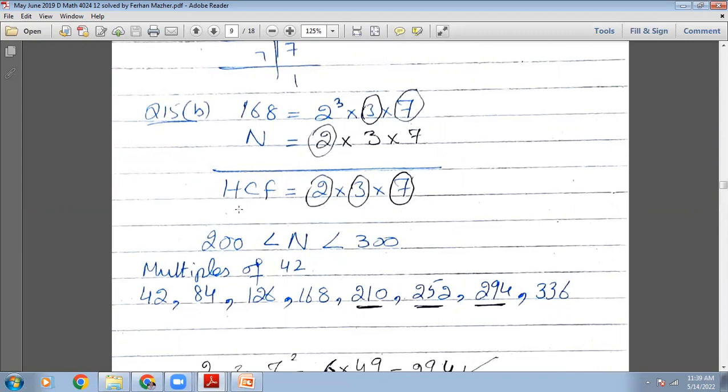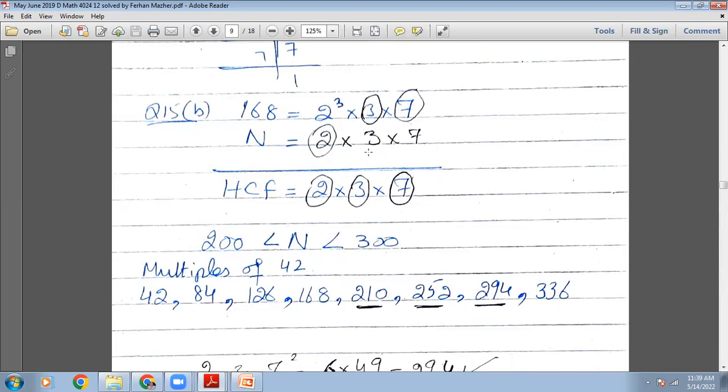Whenever we take the HCF, we take only those factors which are common, and we take their smaller power. So where did this 2 raised to power 1 in the HCF come from? It is not here, so it's definitely coming from here. 3 raised to power 1 is coming from here.